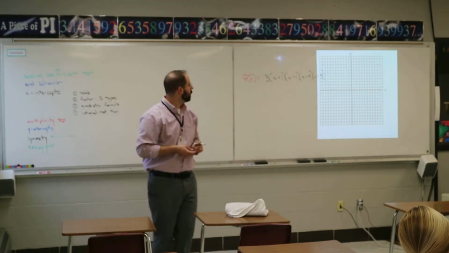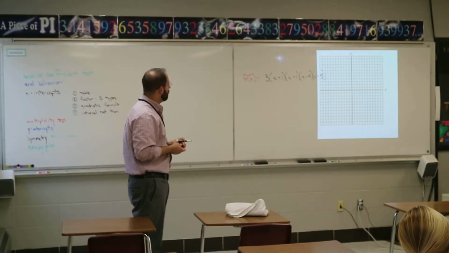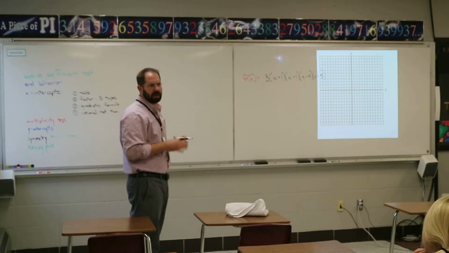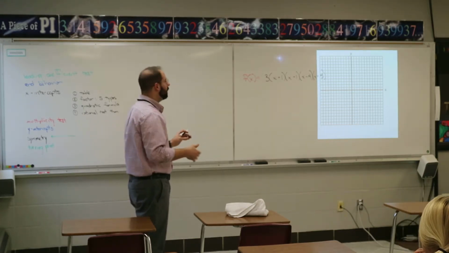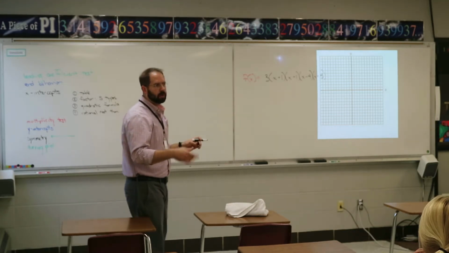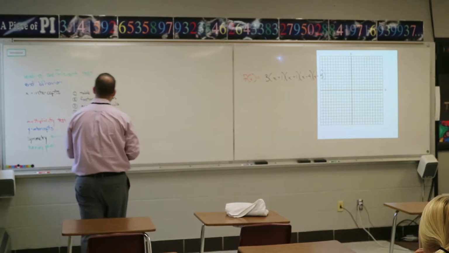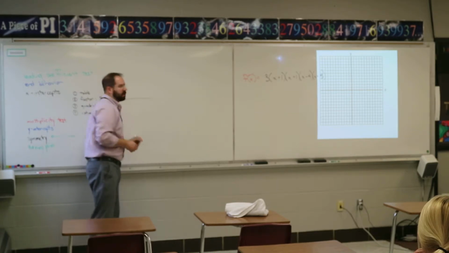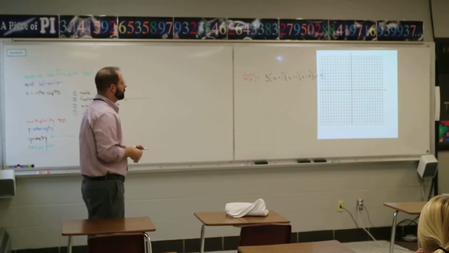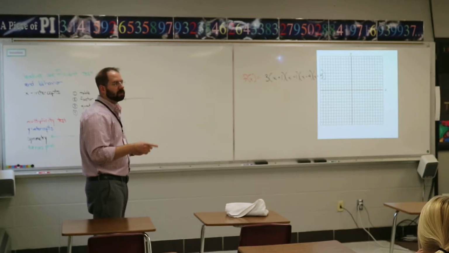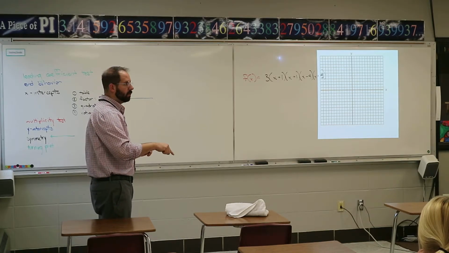Now, when you look at this problem, you're going, okay, this is kind of weird. Why is it written like that? They don't have to write it as a full-on polynomial. They could already have it factored for you. Here's the best news. When you look at that problem, they already gave you your x-intercepts. Those are awesome. So we already know the x-intercepts. The only problem is we don't know the original polynomial.